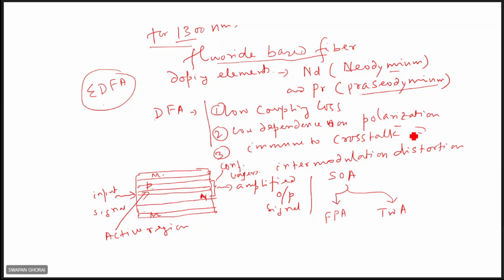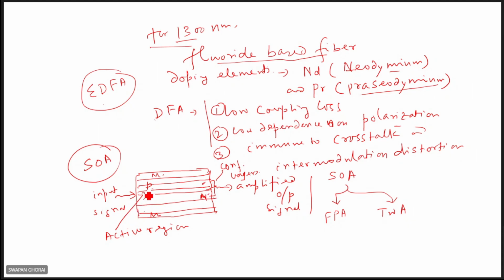An example is shown here in the diagram. The semiconductor optical amplifier is very similar to the laser structure. Here are the 3 layers. These are the confinement layers, and the middle layer is the active layer, where the signal is amplified.